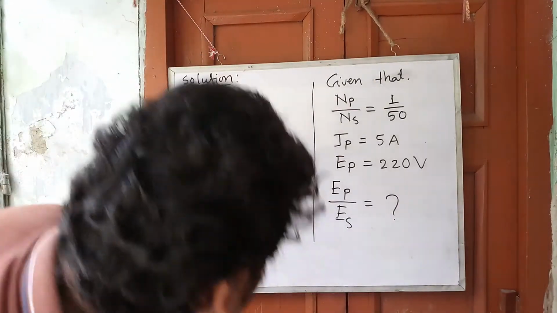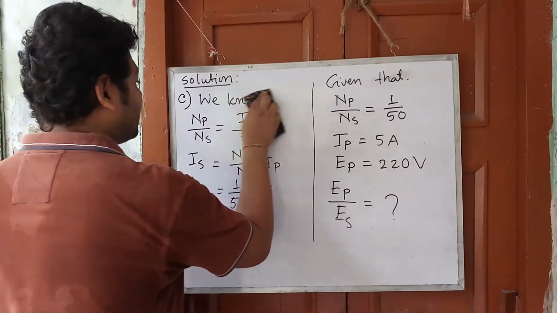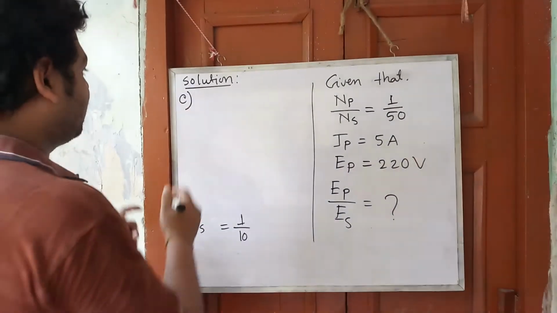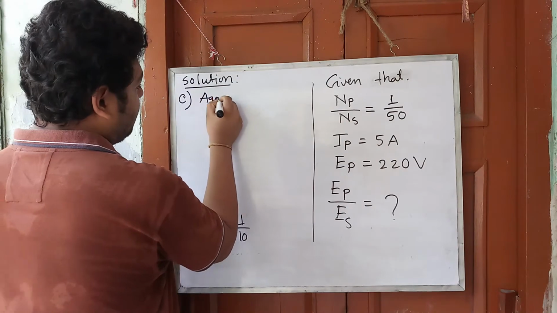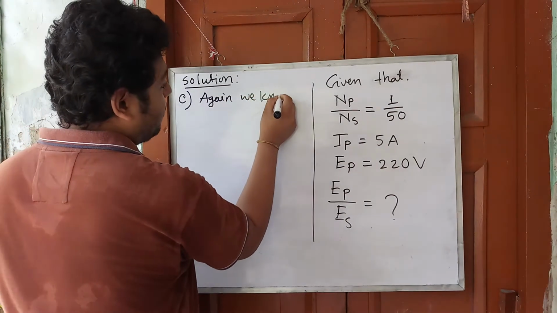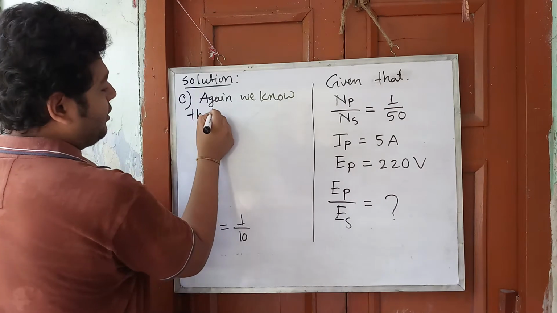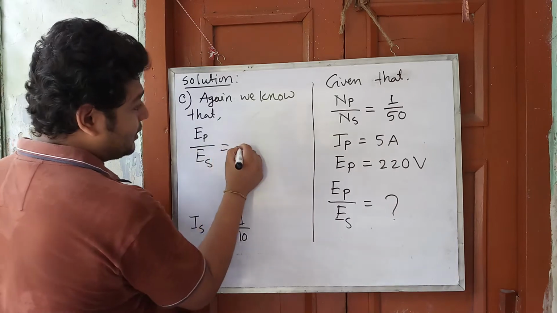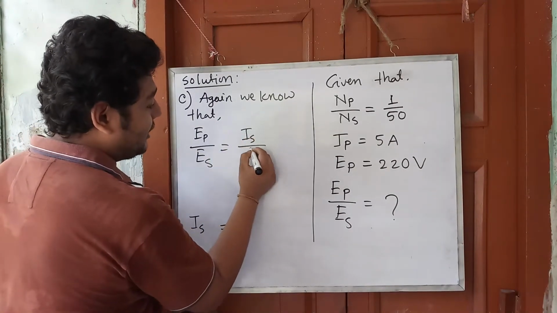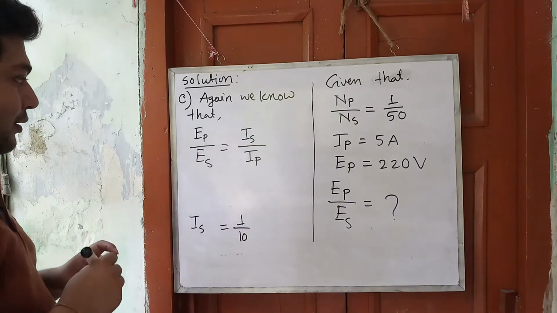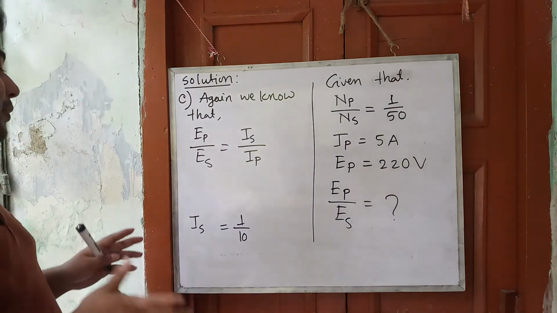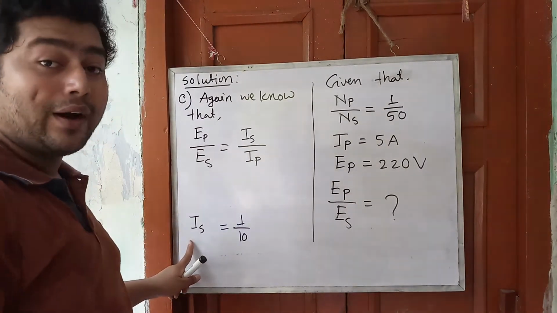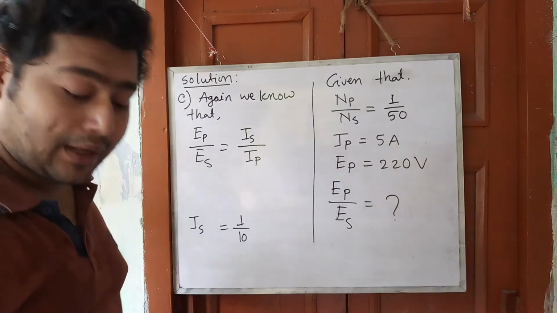Again, we know that EP by ES equal to IS by IP. We get from our previous portion that the current for secondary coil IS equal to 1 by 10.